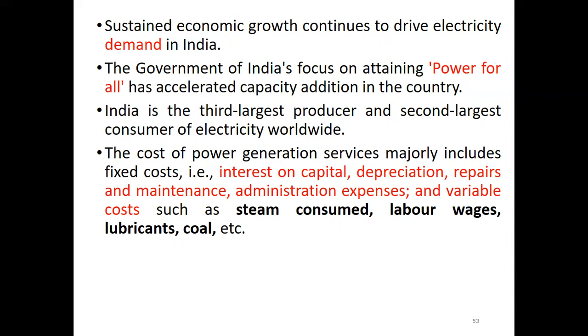So direct and indirect expenses are there, which we have to manage strategically in the power industry. Variable expenses as well as some fixed expenses will create the cost of this electricity.